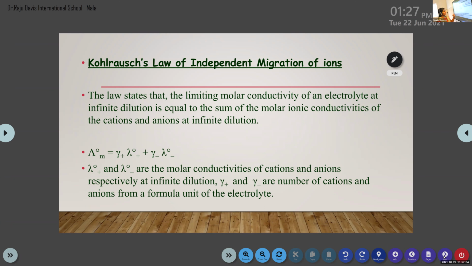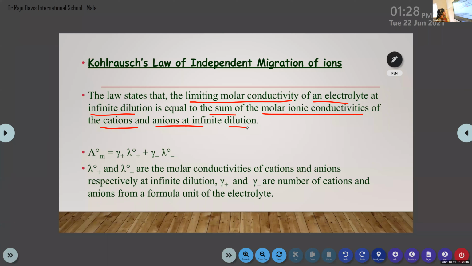This Kohlrausch's law will be very helpful to know about the molar conductivity of weak electrolytes. First we can state this law. The law states that the limiting molar conductivity of an electrolyte at infinite dilution, meaning zero concentration, is equal to the sum of the molar ionic conductivities of the cations and anions at infinite dilution.